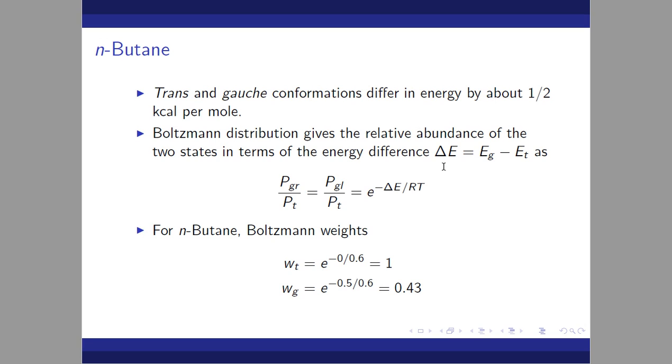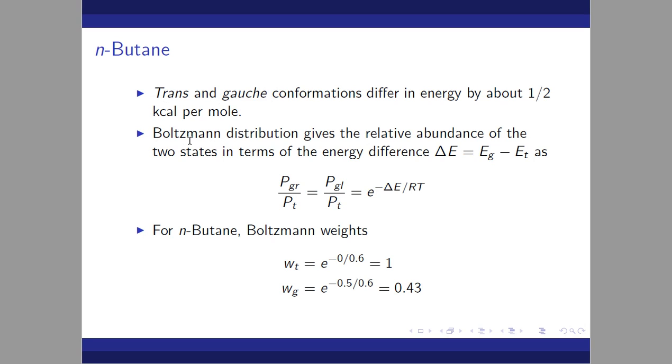Here for N-butane, the trans and gauche configurations differ in energy by about half a kilocalorie per mole. If we take the Boltzmann distribution, if we have 100 N-butane, how many will be in the trans conformation and how many in the gauche conformation?